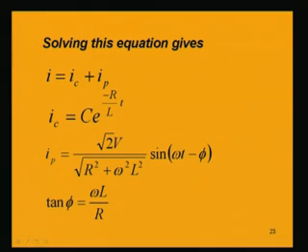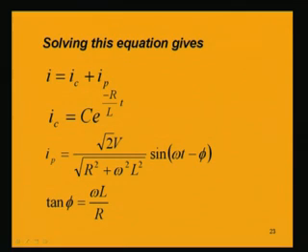The complementary function is given by C, a constant, into e to the power minus R by L into t, and the particular integral i_p is equal to root 2 V by root over R square plus omega square L square into sin of omega t minus phi.